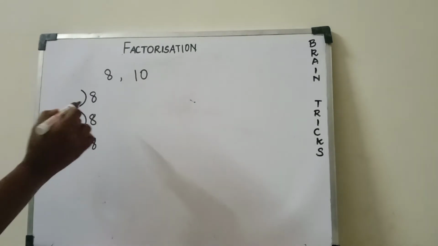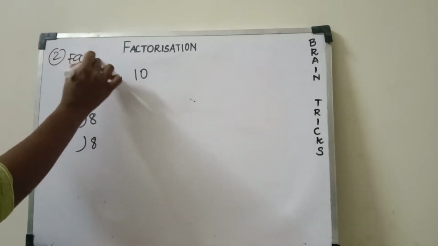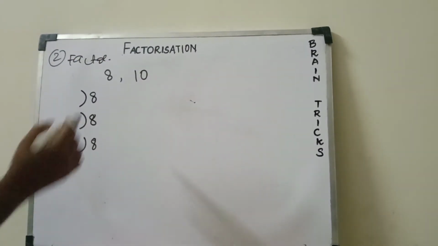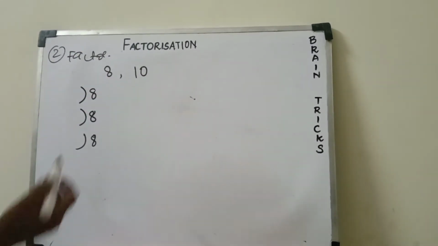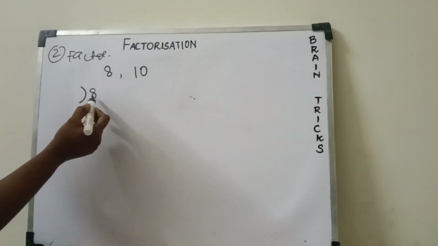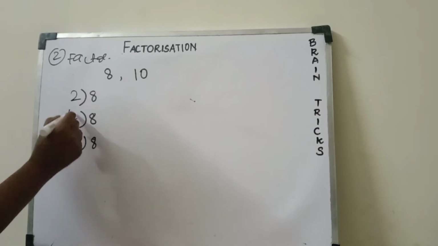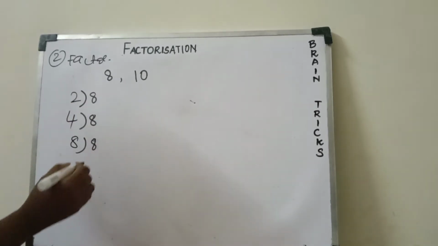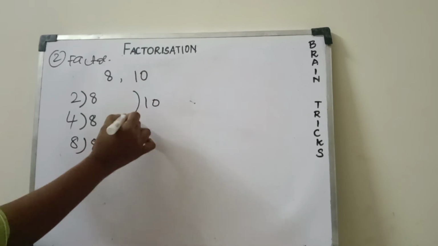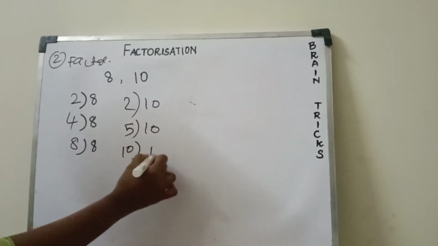Okay, next, this is the second concept called factor. How to find the factors of 8 and 10. What is the common divisor of 8 and 10? 8 is divisible by 2, 4 and 8. Clear? Next, 10. 10 is divisible by 2, 5 and 10.